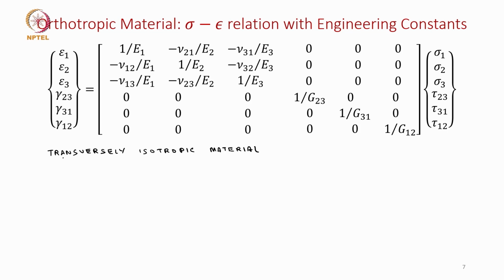Some of these constants can further be simplified. For example, let us say plane 2 3 is the plane where the properties are the same in any direction.